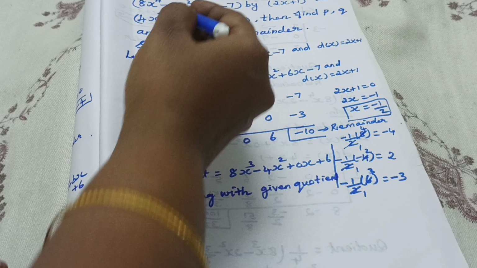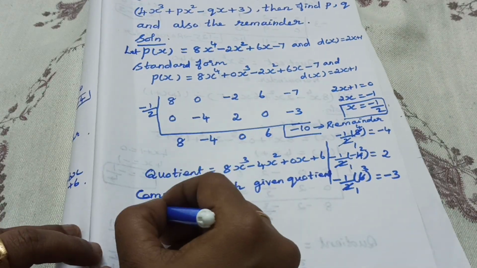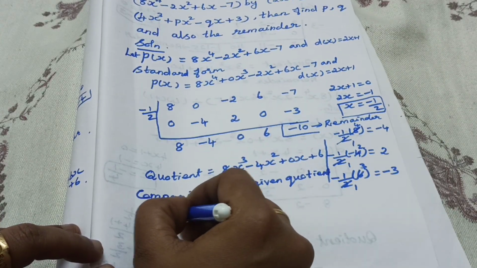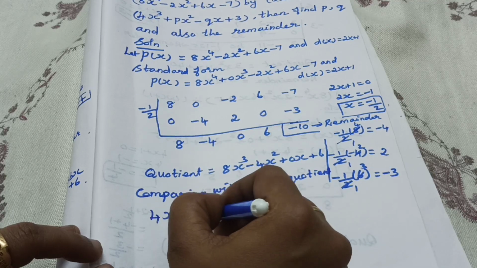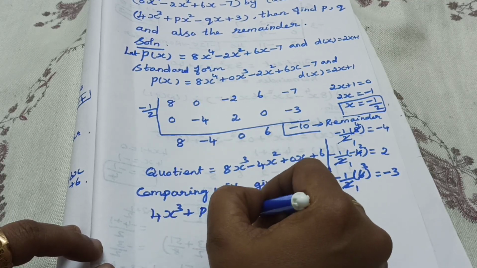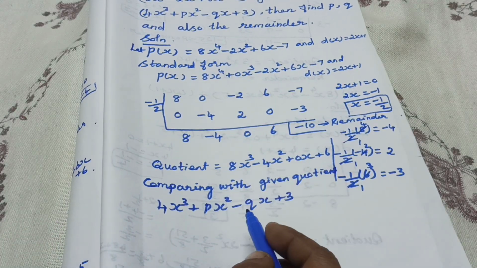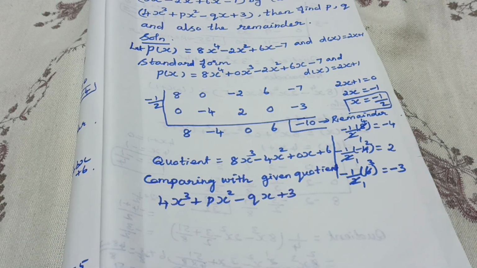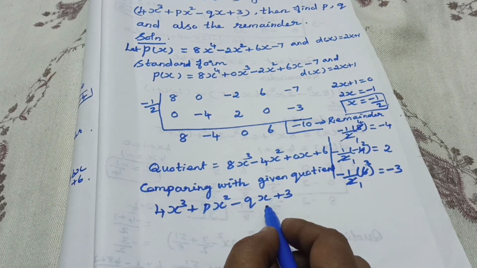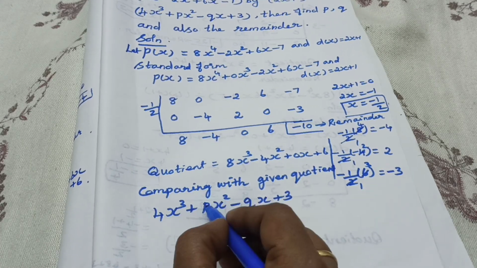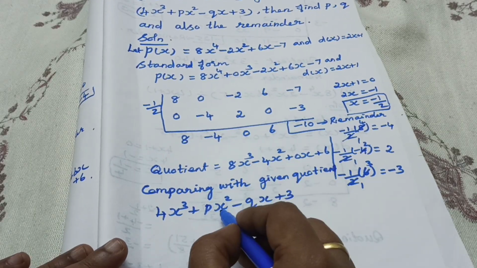What is the given quotient? 4x cube plus px square minus qx plus 3.